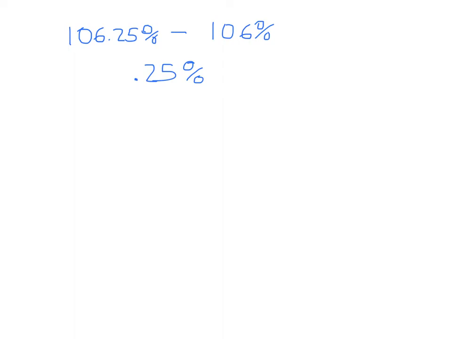So what we're asking is, when is 0.25% of the original amount, when is the difference, equal to 300? So we take our 0.25%. By the way, we already did this when we dealt with decimals and percentages. That's 0.0025 as a decimal, times our goods. We want that to be a final amount of 300.